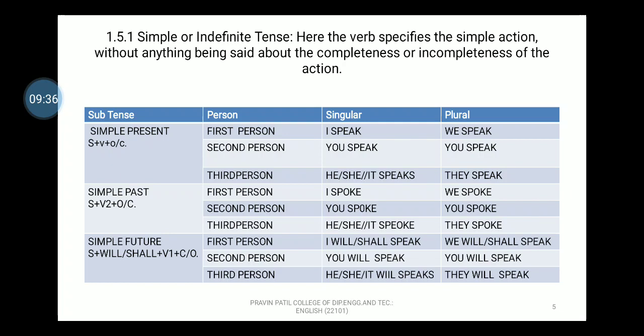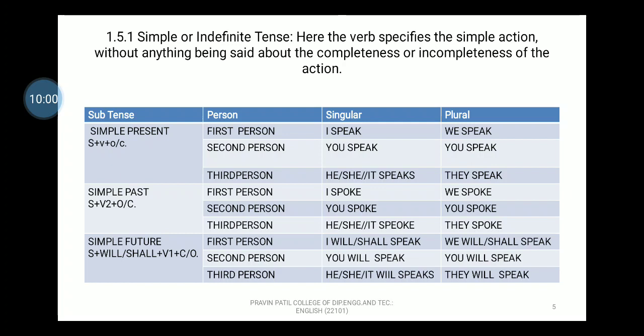Okay, look at the structure: simple present, simple past, and simple future. Simple present: subject plus V1 plus object or complement. Simple past: subject plus V2 plus object or complement. Simple future: subject plus will or shall plus V1 plus object or complement.